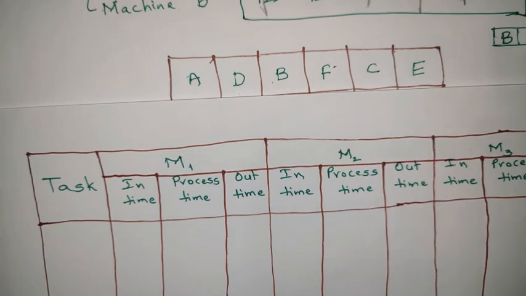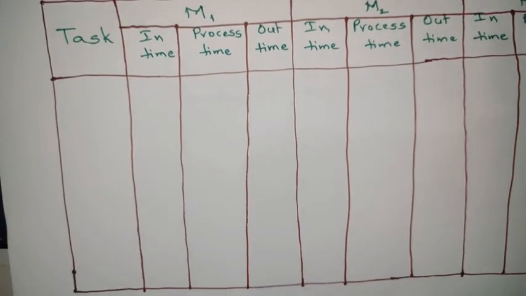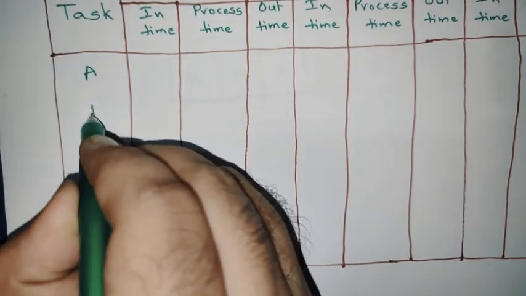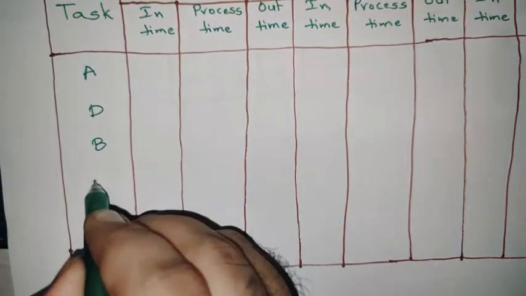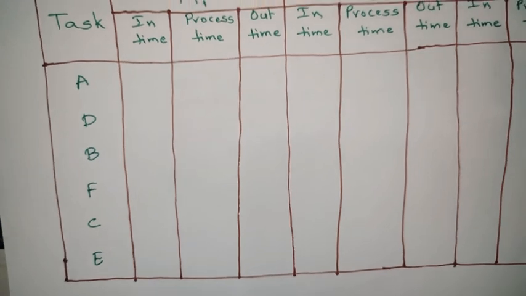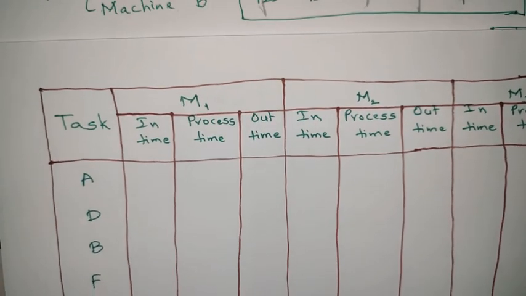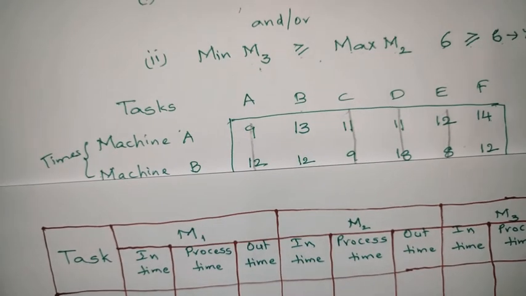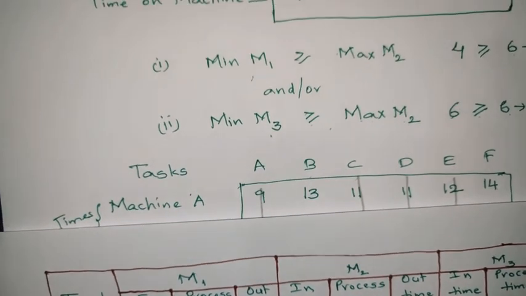So now write the sequence: A, D, B, F, C, E. Now let us write the process times. The process times for each and every task we already know. So now we need to take the problem process times.